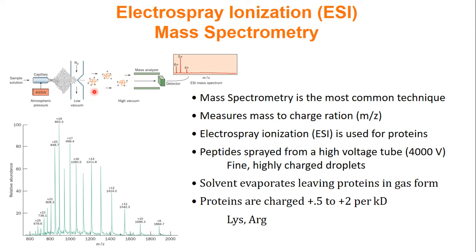These proteins are going through a high vacuum now, and they hit a detector. And with that detector, you get the mass to charge ratio along with their abundance. And by the peaks that you see, you can determine, okay, what amino acids, what polypeptides did I see based on their mass to charge ratio.